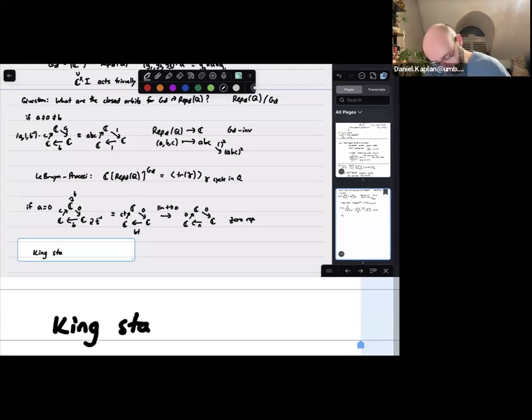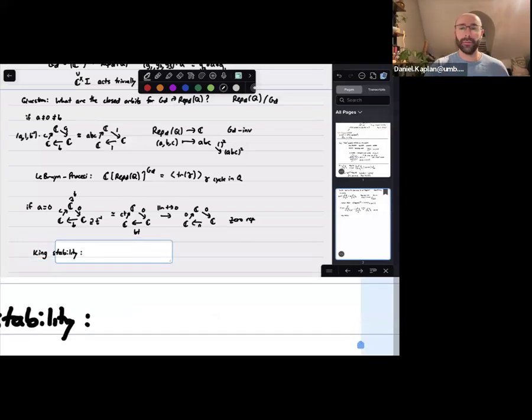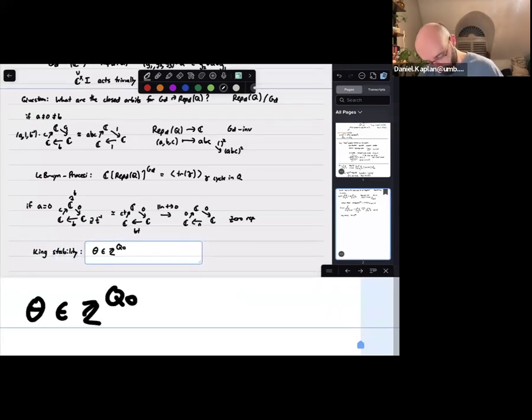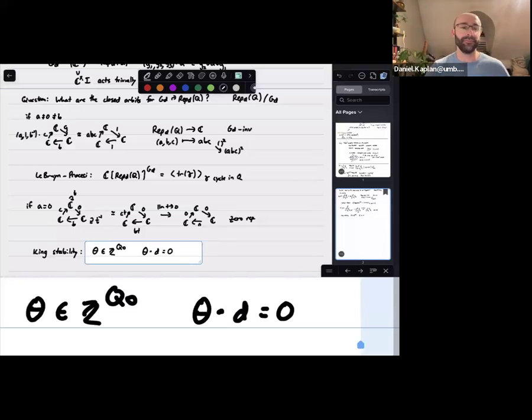So King stability. Because I mentioned the premise in words, okay, what do I really need to say here? The point is, we're going to define theta. Theta is going to be an integer for each vertex in the quiver. Theta will, using the standard dot product with the dimension vector, give 0.